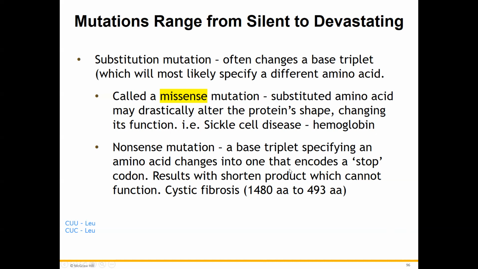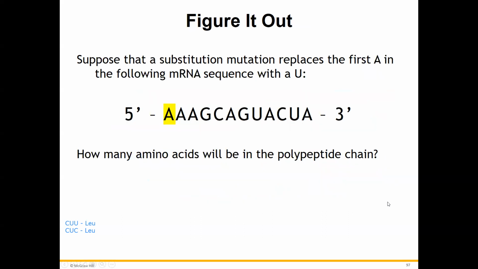But if someone experiences cystic fibrosis, typically the gene experienced a nonsense mutation and a stop codon was inserted, and it has stopped the formation of that receptor. And it only has 493 amino acids because the protein cannot be made properly. That's a significant difference, missing almost 1,000 amino acids. So a nonsense mutation has a stop codon in the middle.